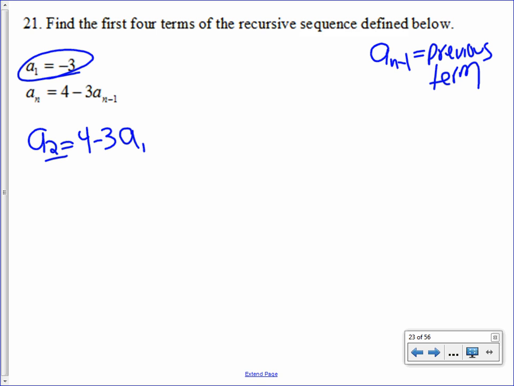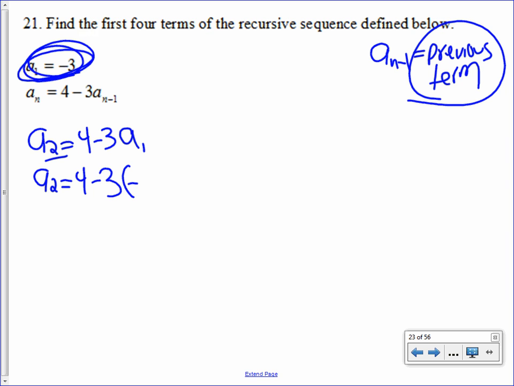It's easier to just think of it as the previous term. What comes before the second term? The first term. A sub 1 is negative 3. You can put this into the calculator from here, whatever, you get 13.